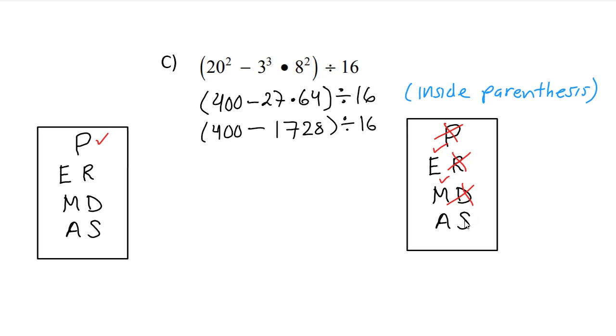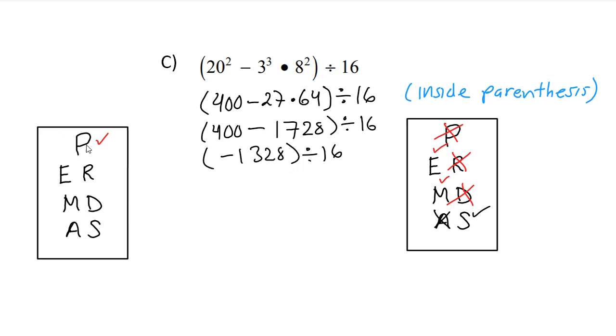I do have a subtraction, so I will go ahead and take care of it. So 400 minus 1,728, that's going to be negative 1,328. And I will have to divide by 16. So I took care of the order of operations inside the parentheses.